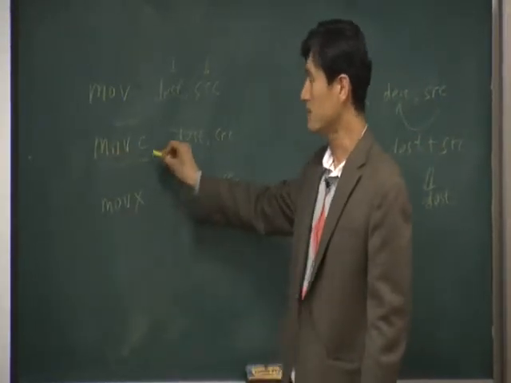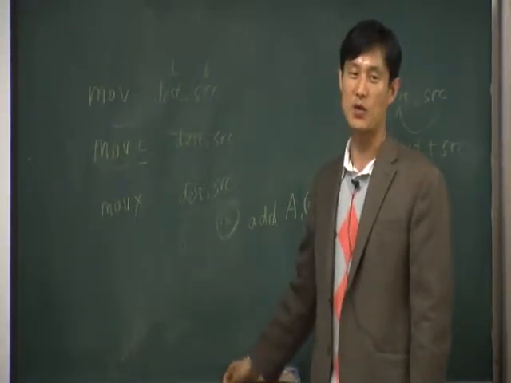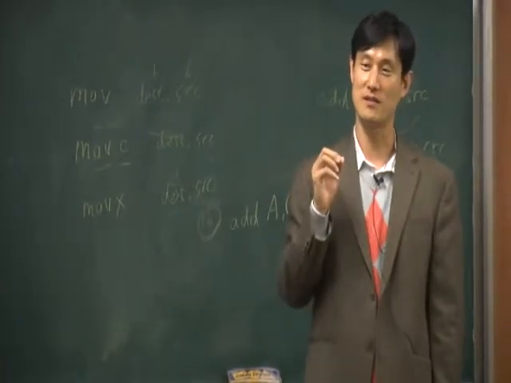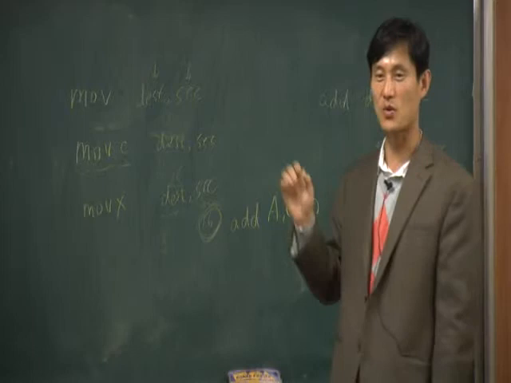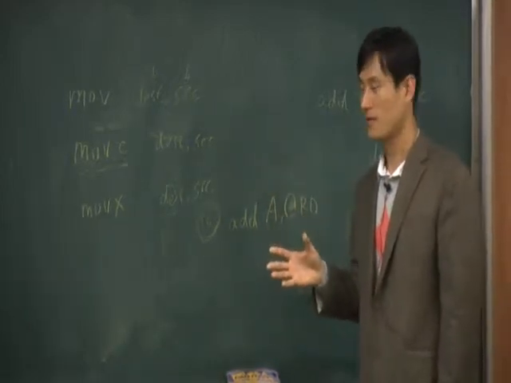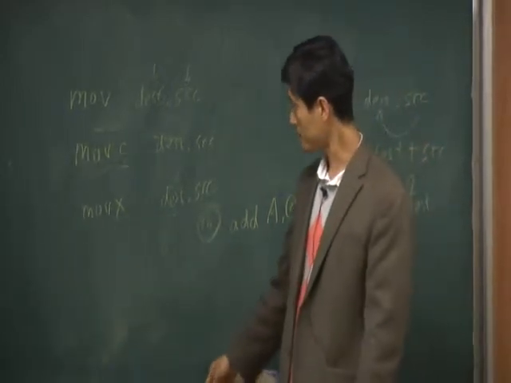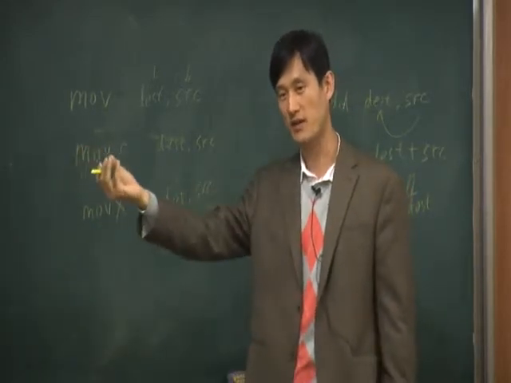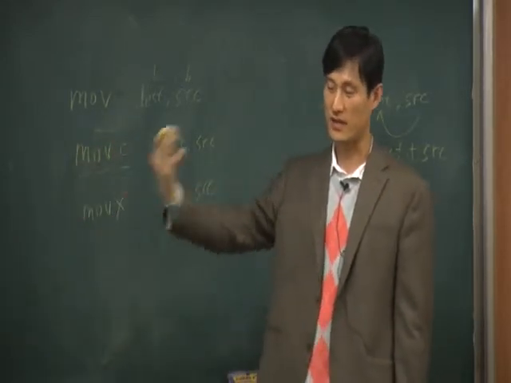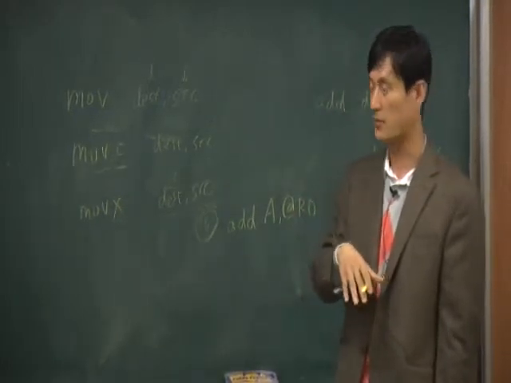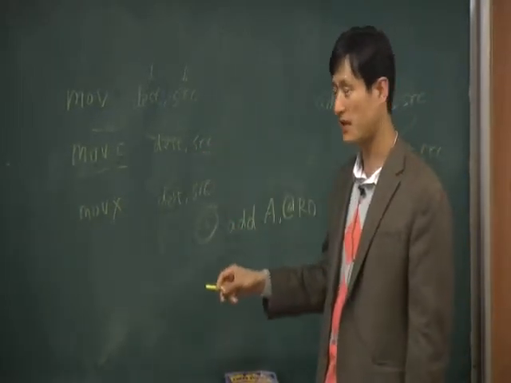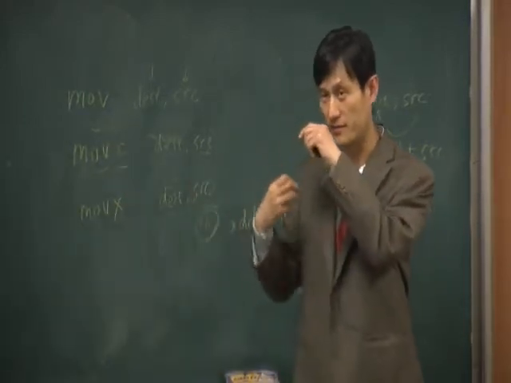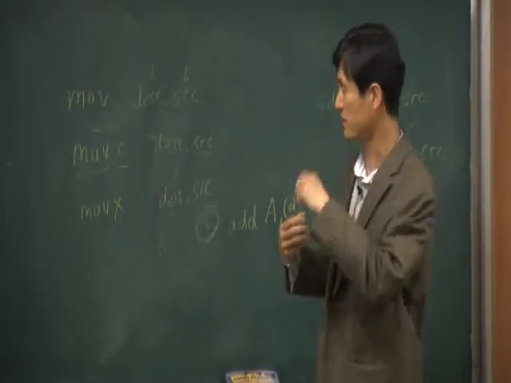In MOVC, this is code memory. In code memory, you cannot write. You can only read, right? Because that's code memory, that's ROM. So in MOVC, you read the value from external memory, that's the source address, and copy it back to my internal memory. So the source is going to be 16-bit and this is going to be 8-bit, because you only read from the external.